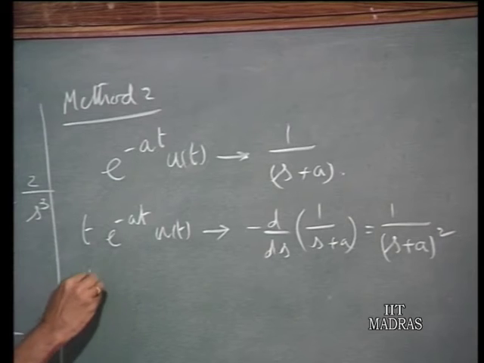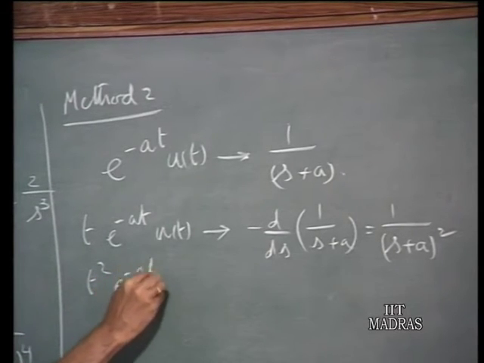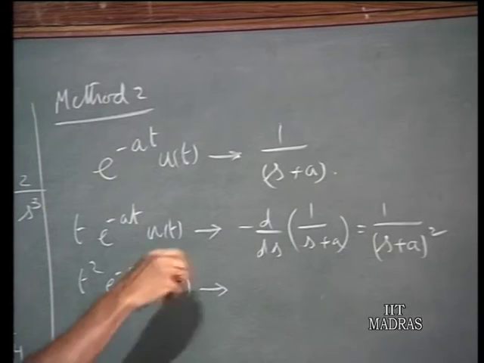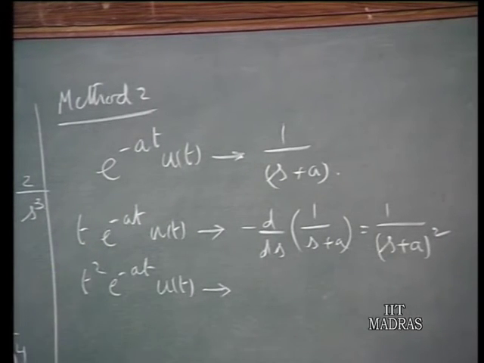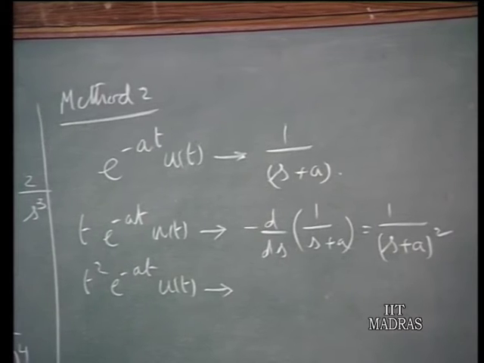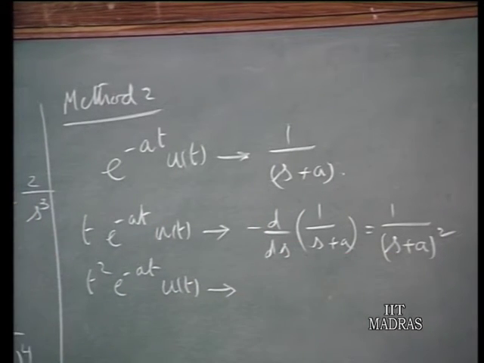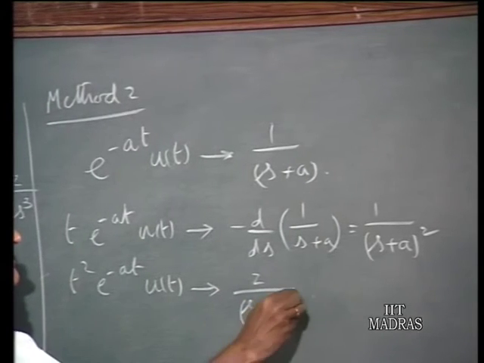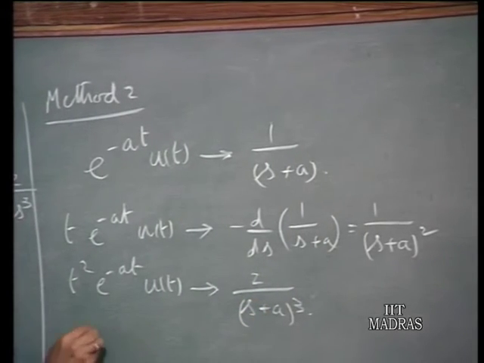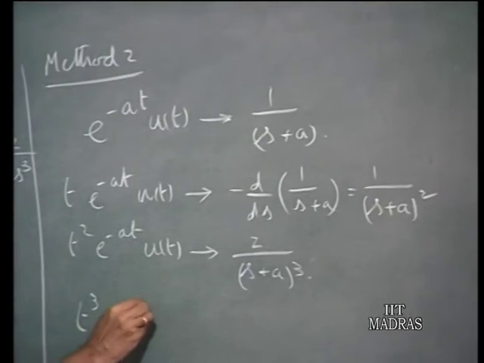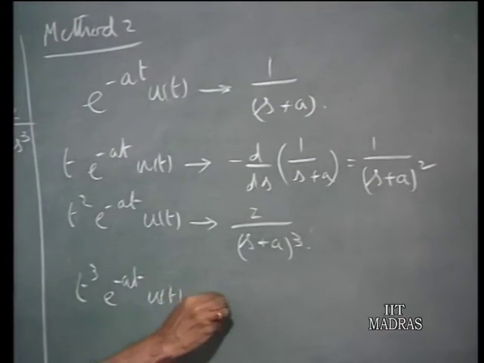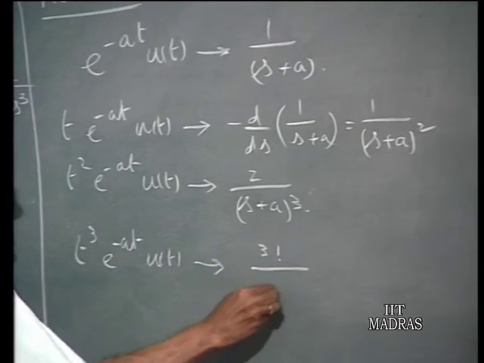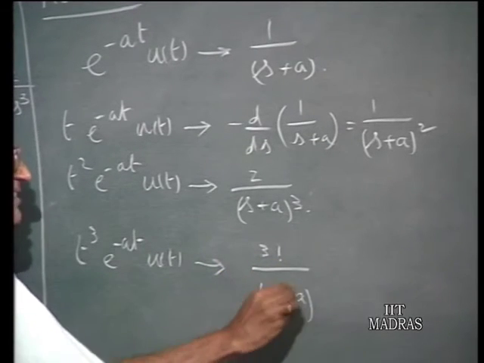Then likewise t squared e to the power of minus a t u(t), by the same process, taking the derivative with respect to s and putting a negative sign, becomes 2 over s plus a whole cube, and t cubed e to the power of minus a t u(t) will fetch me 2 times 3 factorial over s plus a to the power of 4.